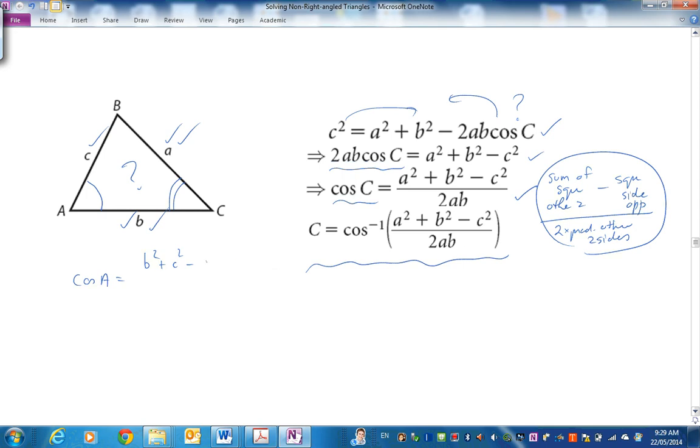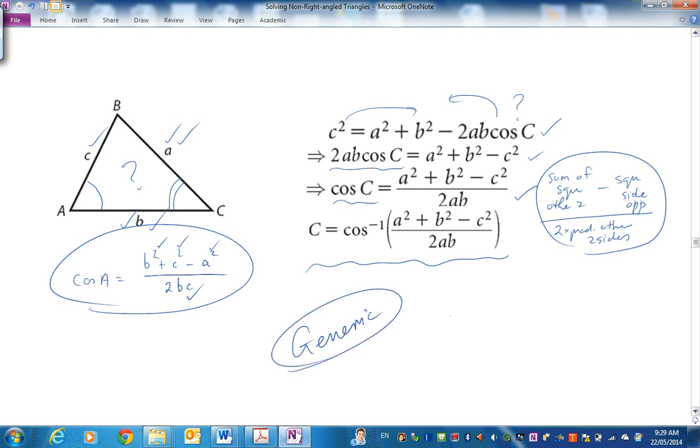Cos of A is the sum of the squares of those two minus the square of the opposite, over twice the product. And you can do it for any angle. It's the sum of the squares of the sides around it minus the square of the side opposite, over twice the product of the sides around it. A generic approach here. Do not get fixed in ABC land, because I could give you a triangle PQR.